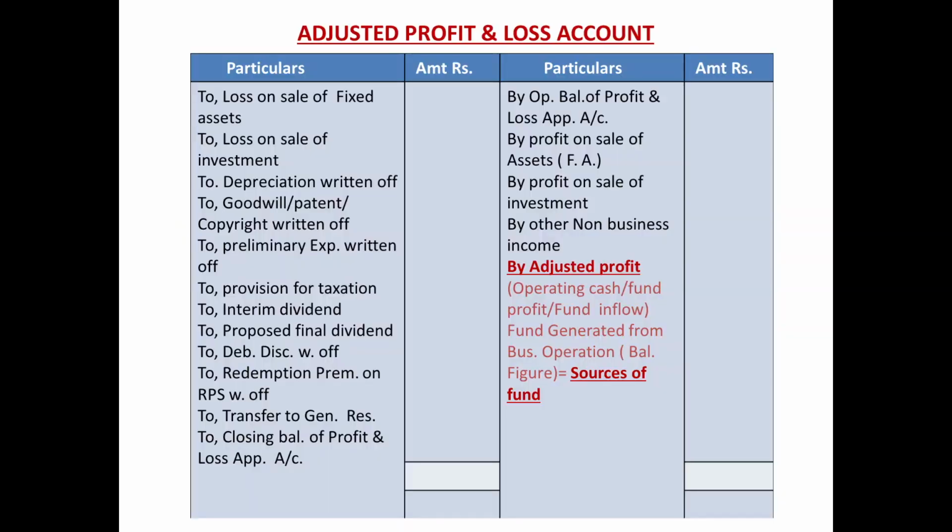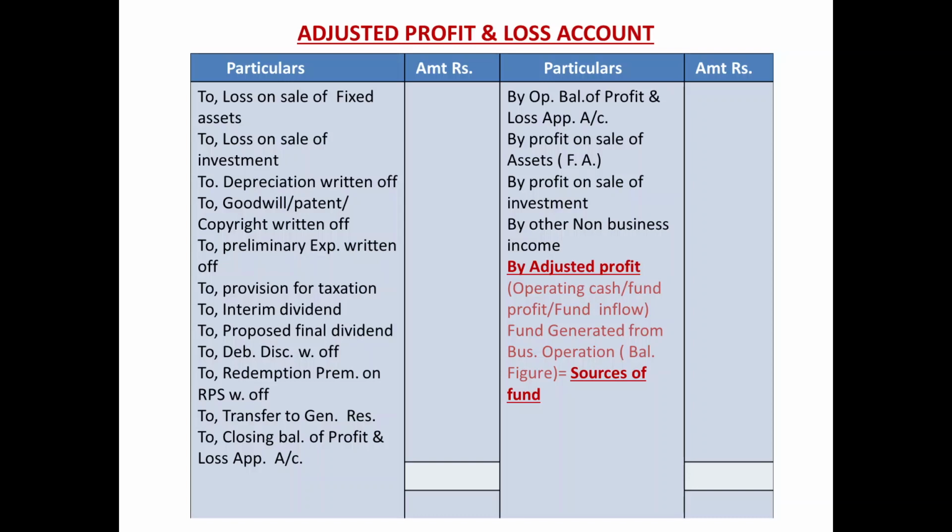Have a look at the format of this adjusted profit and loss account. Over here, there is the left hand side or debit side, and then the right hand side or credit side. Whether you say left hand side, right hand side, or plus side, minus side, or debit side, credit side.